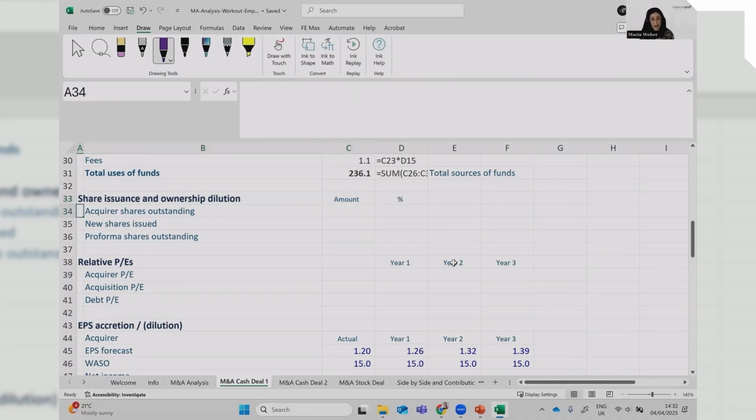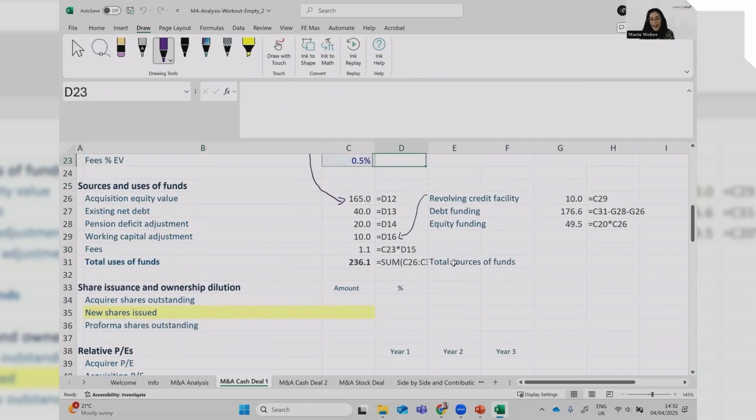So let's have a look at how many shares would need to be issued and then how many shares are going to be outstanding in total. So the new shares that I need to issue, I am paying 49.5 million in value using my shares. I'm JM Smucker. I'm paying Hostess Brands 49.5 million using my shares. So how many shares do I need to give to the Hostess Brands shareholders to make up a value of 49.5 million?